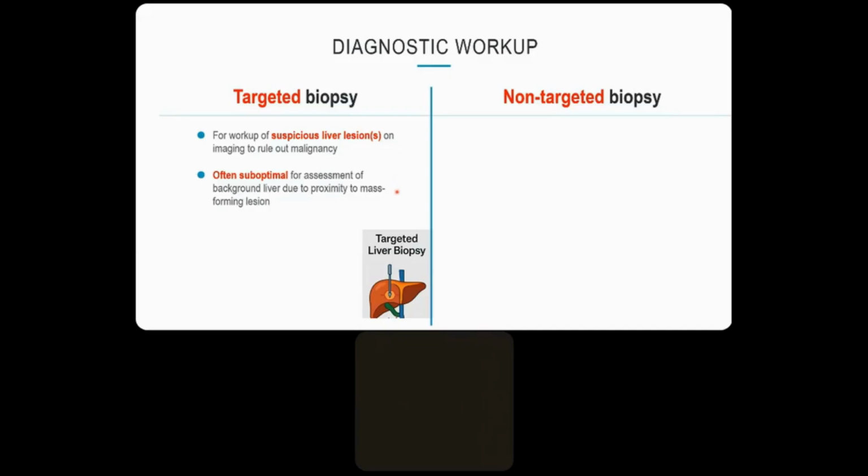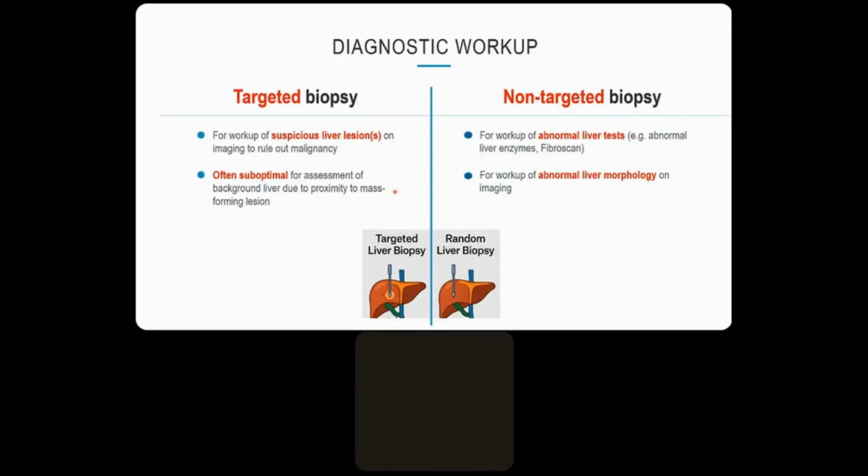These biopsies are often suboptimal or inadequate for medical liver assessment due to their proximity to a mass-forming lesion. This is in contrast to non-targeted or random liver biopsies, which are usually performed for workup of suspected medical liver disease, usually in the context of unexplained liver test abnormalities.